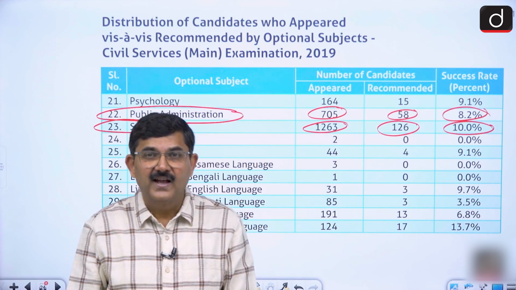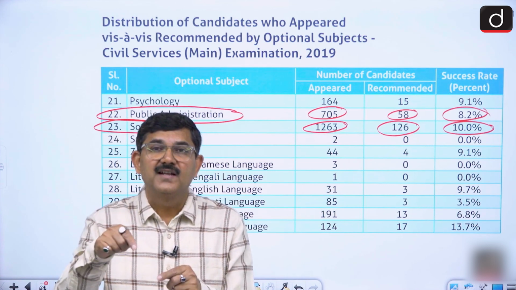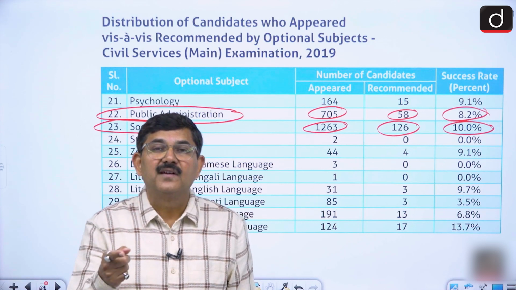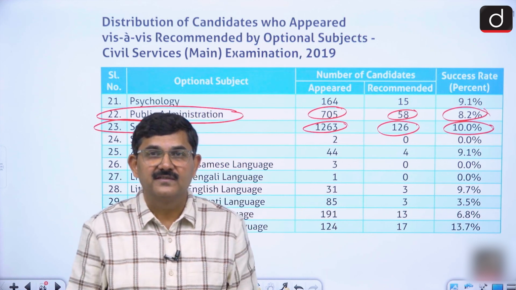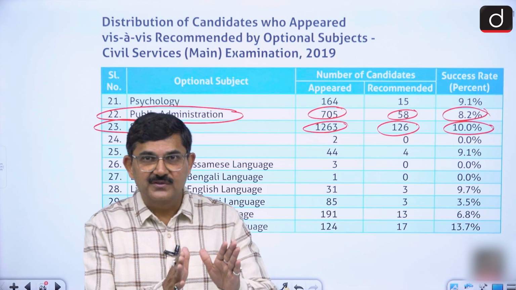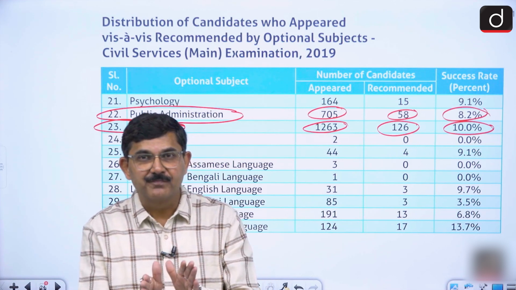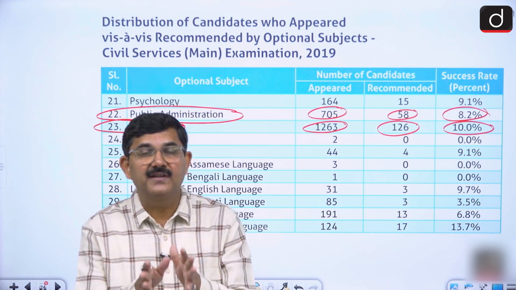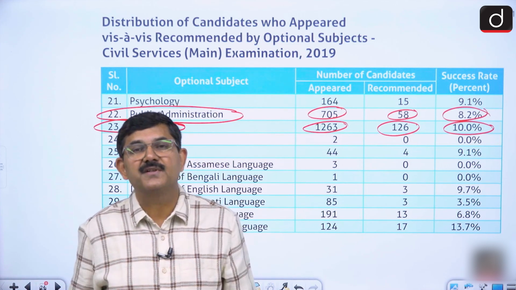What is the point? Out of that, 77% did not have an academic background in that subject. Out of those who opted for humanities, 77% did not have their academic background in the same subject.